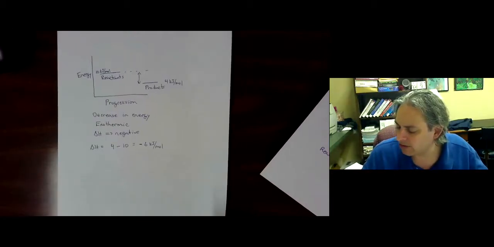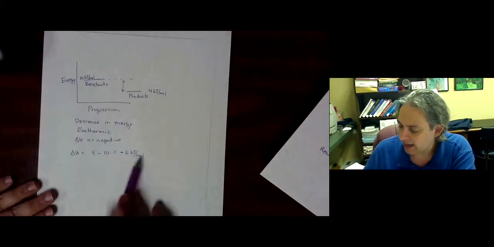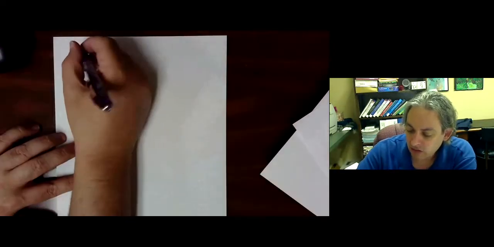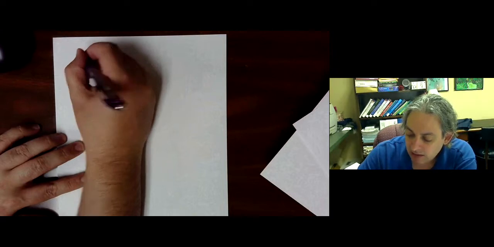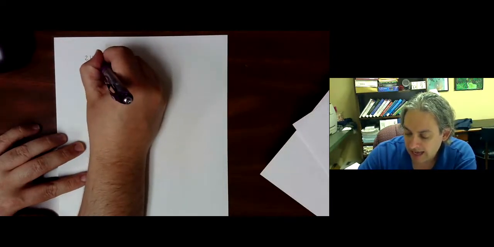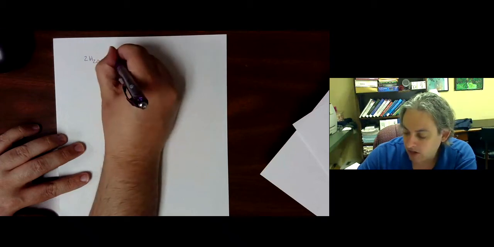Before we look at bonds forming and breaking, I want to go over the idea of exothermic and endothermic reactions and how we can determine that from an equation. So let's do a reaction here. Let's say we have a reaction of 2 moles of hydrogen gas reacting with oxygen gas.